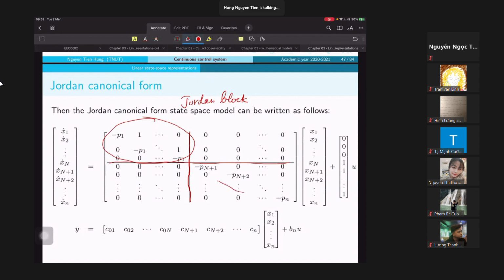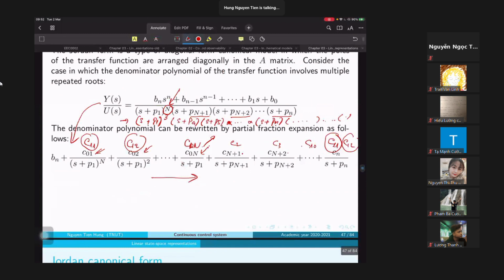Here we have more roots, distinct roots, up to Pn plus 1, Pn plus 2, up to Pn. So here is the multiple root, and this is the distinct roots.